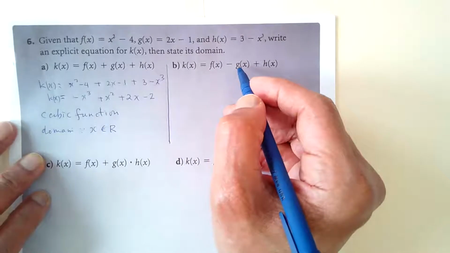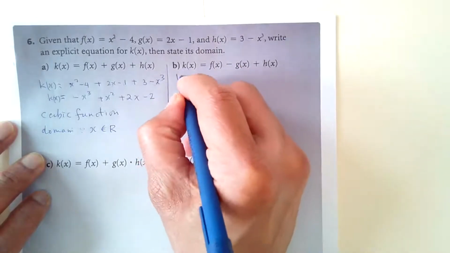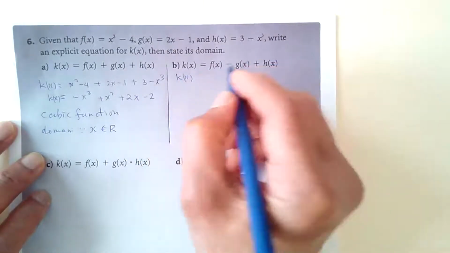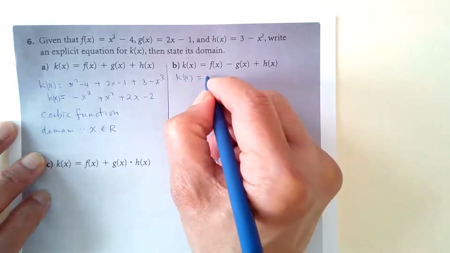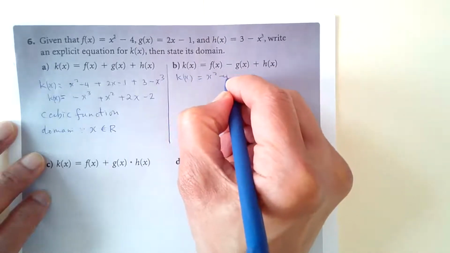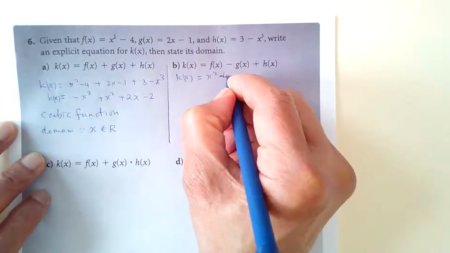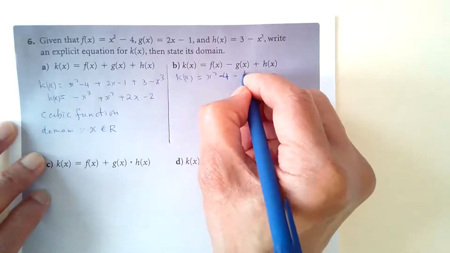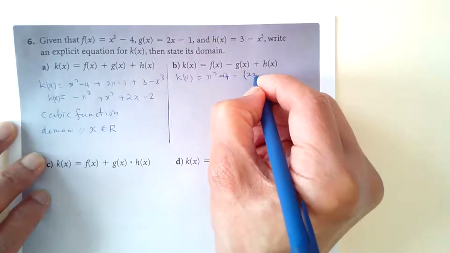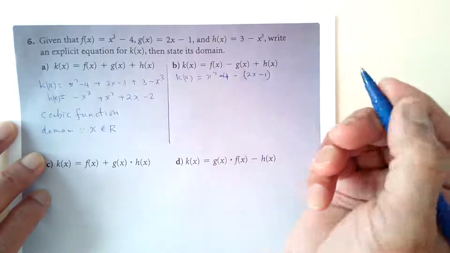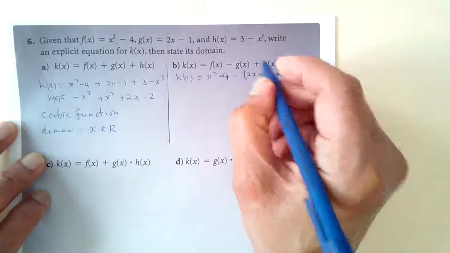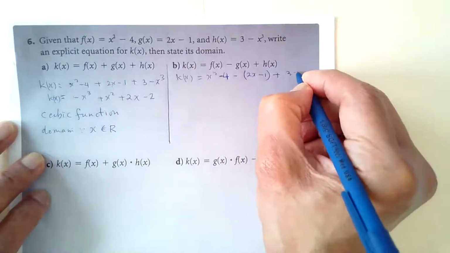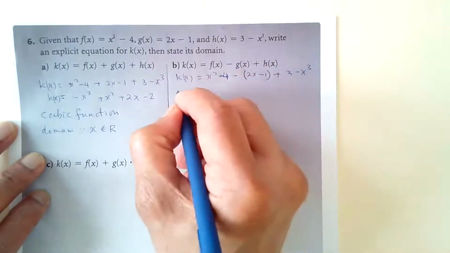Now this following question, now it's k, we're subtracting g of x. So we have x squared minus 4 minus g of x. Now I'll just put a bracket around, so it helps me in my combining like terms, plus h of x, which is 3 minus x cubed.